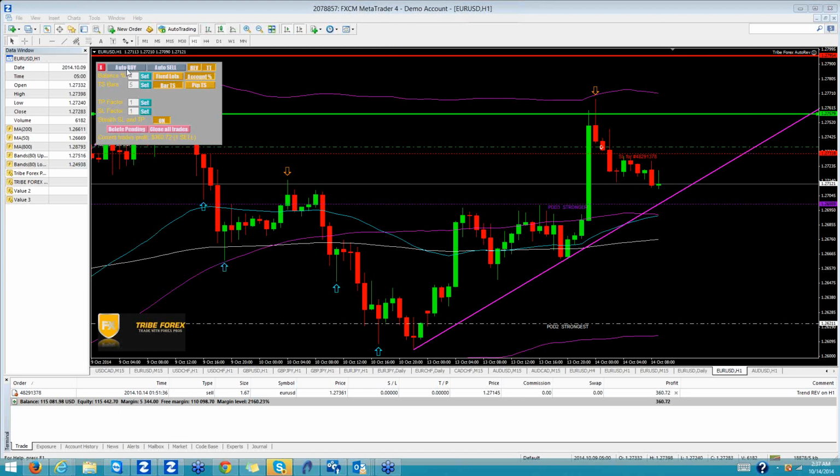First of all, I'm going to start with what we call the GUI. This is the graphic user interface. This is something new that I started using about 3 or 4 years ago: putting the actual buttons, the inputs, on the chart so we can get to them easier.